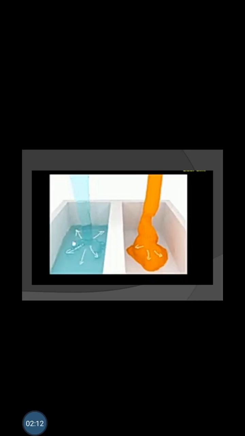The water molecules exert a backward force on the molecules of honey. That backward force is the viscous force. A fast moving layer exerts a backward force on a slow moving layer of liquid; that is the viscous force.